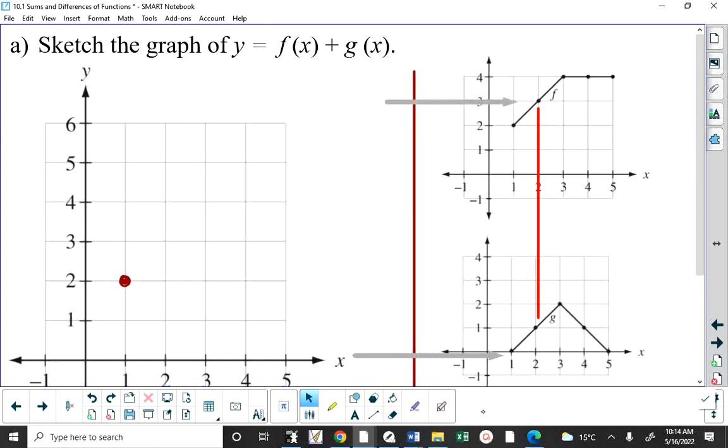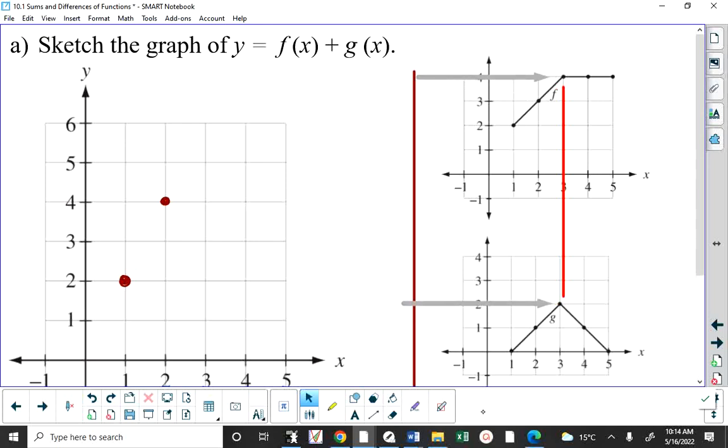And you take the y coordinate of 3 and you add the y coordinate of 1 and you get a y coordinate of 4 at x equals 2. We do the same thing at x equals 3, we add the two y coordinates. So we're going to add 2 and 4 to get 6.